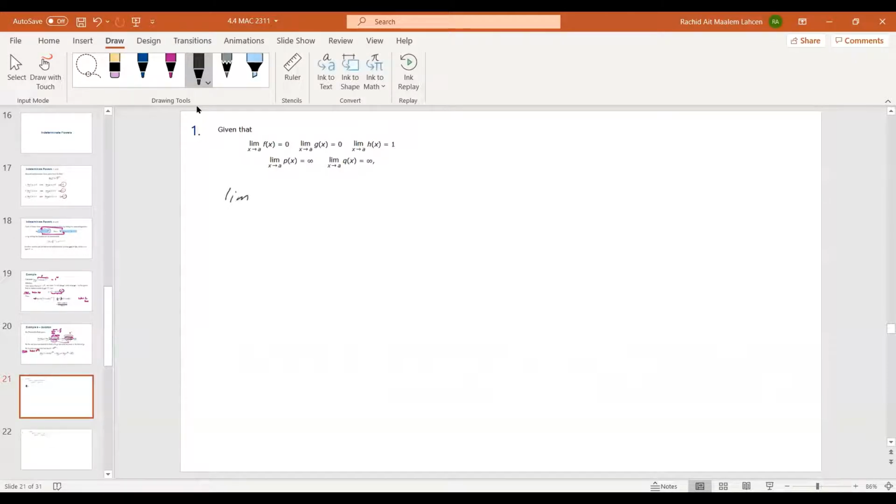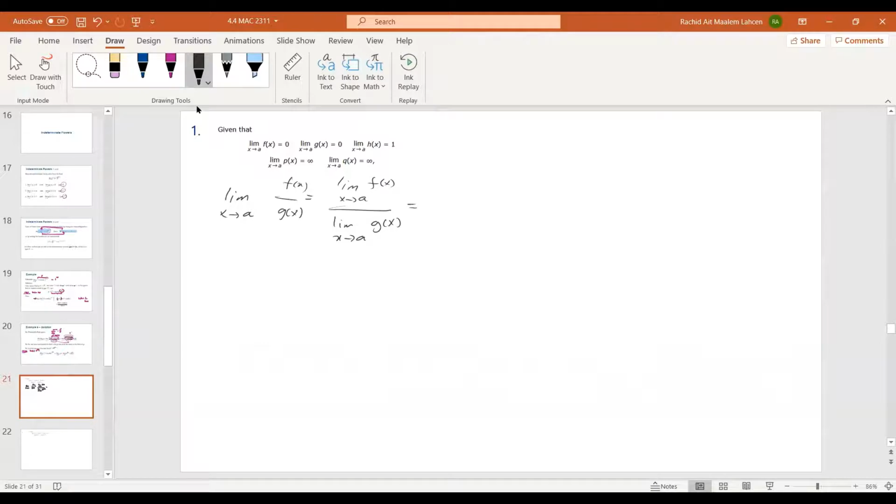For example, what is the limit as x approaches a for f of x or g of x, which you usually do. And we know the limit, this is one of the limit laws.